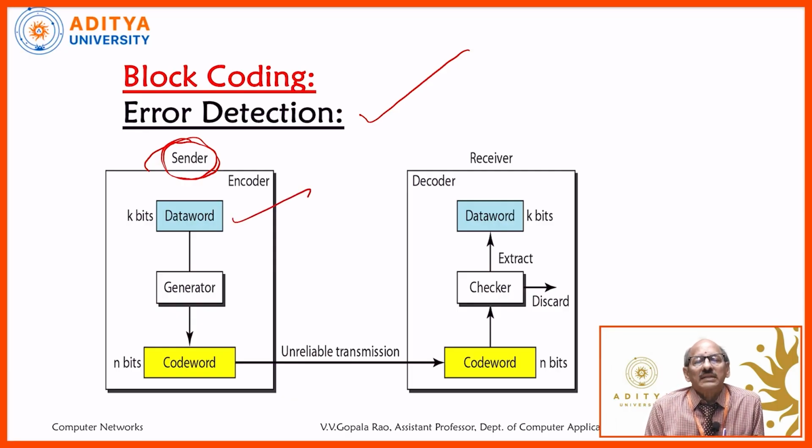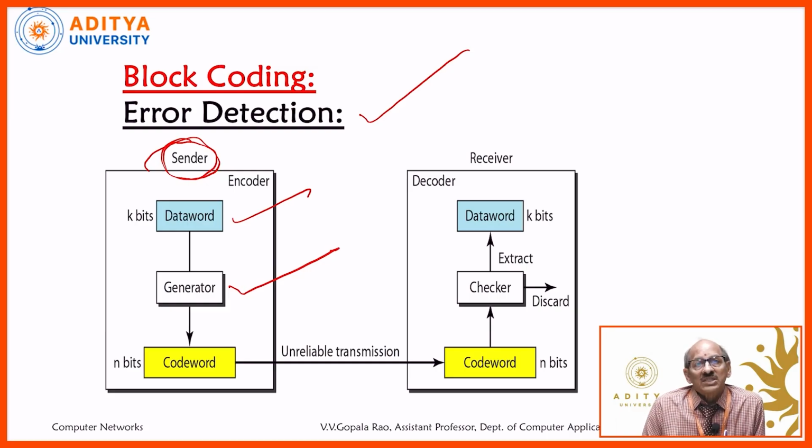We will see in the example to get clarity about what the data word is. We do not send the data directly to the receiver side. Along with the data word, some extra bits should be generated. This generator plays a very important role in generating extra bits based on the data word.